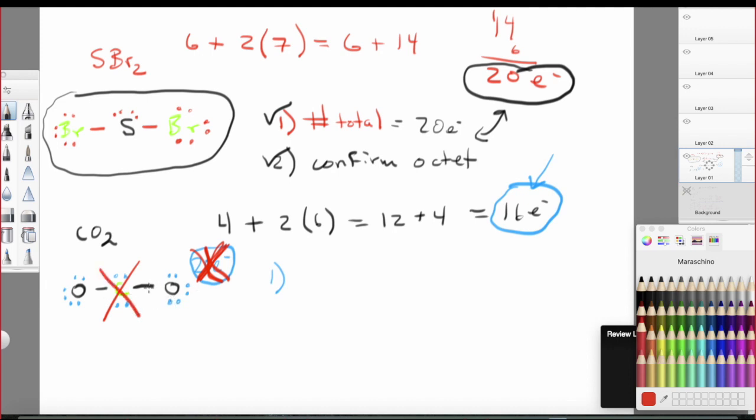Now, the way that you get to the right structure: we see that the value that we got from this structure, which is wrong, was 20, and the number that we got over here is 16. The number that we have for the total valence is less than the number that we got from the structure that we drew to start with.